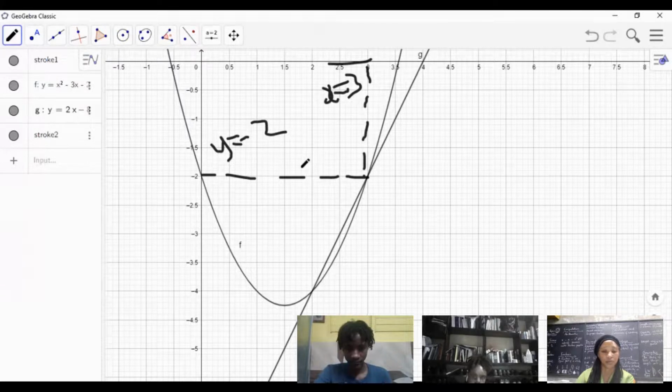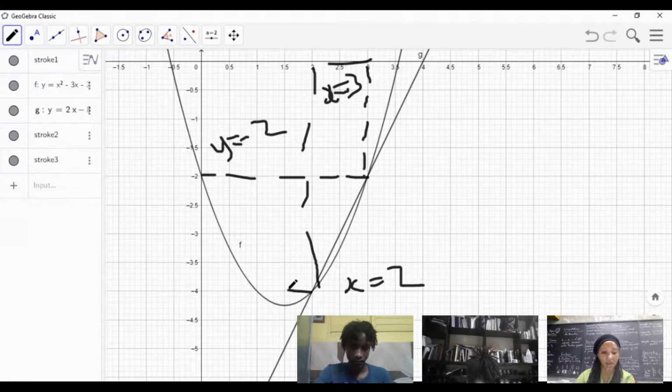And the other solution is when x is 2, y is negative 4. So straight up to where x is 2, so x equals 2, and straight across to y equals negative 4.